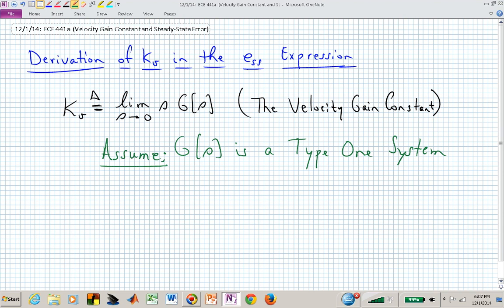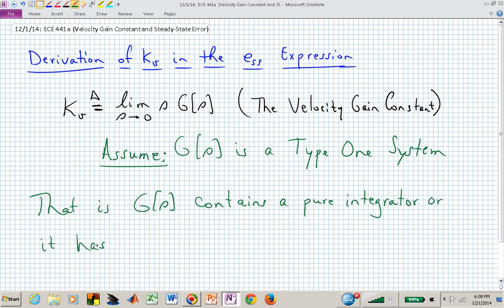is a type 1 system. Or another way of saying that is G of s contains a pure integrator, or, there are many different ways of thinking about a type 1 system, or it has an s factor in its denominator, a linear factor that only contains s and no constant term.